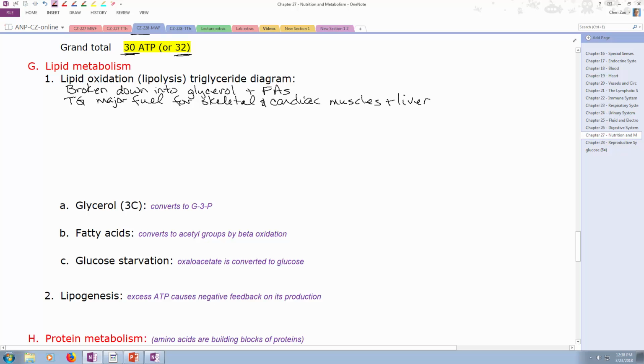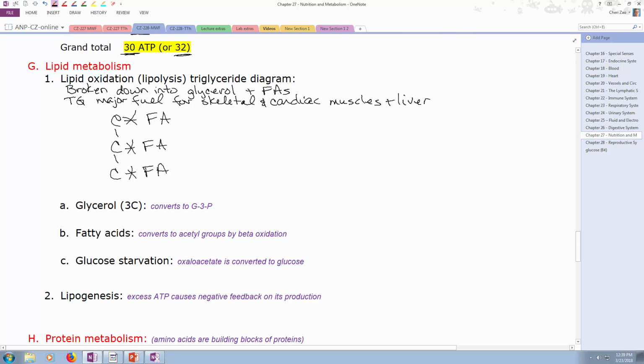Okay. So remember, glycerol is a 3-carbon chain, and we're going to have 3 fatty acids attached to it. And when we break it down, we'll break these bonds and we'll get glycerol plus those fatty acids.